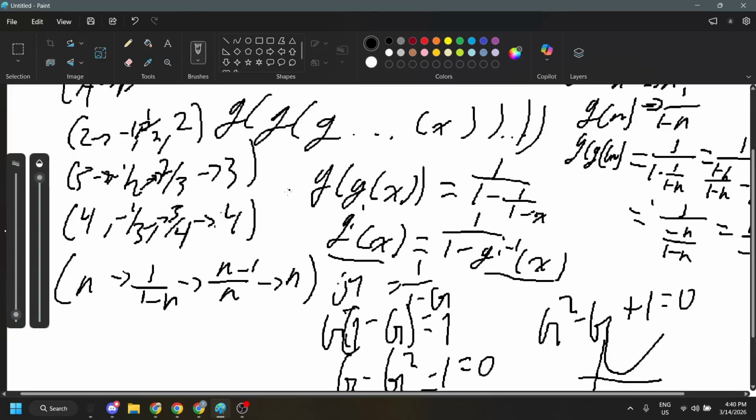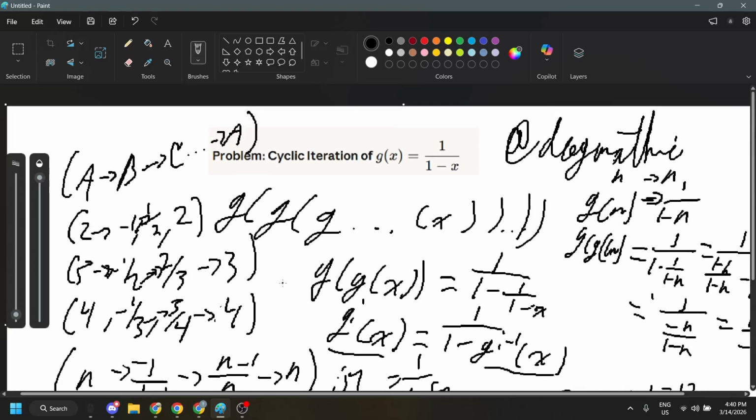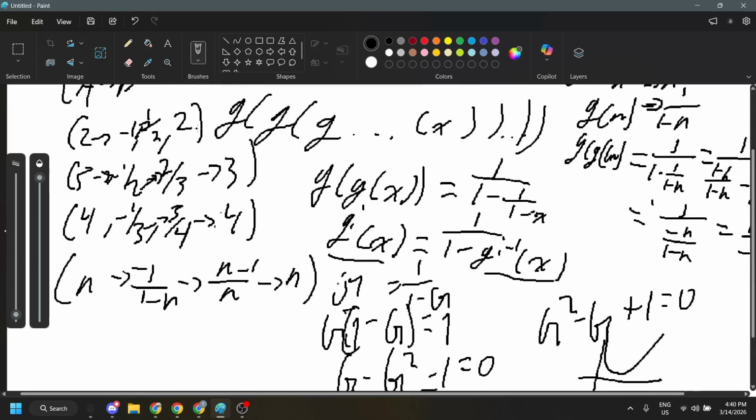Okay, so n to 1 minus n, negative 1 minus n. Wait, what? Put 4 in here. Oh, it is this. Negative 1 minus n is just 1 over n minus 1.